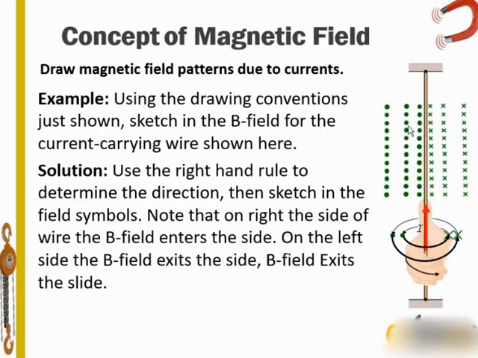And for the crosses, which represent the magnetic field lines going into the paper, the gaps between the X's are getting wider and wider, indicating that the magnetic field is getting weaker the further you move away from the wire.